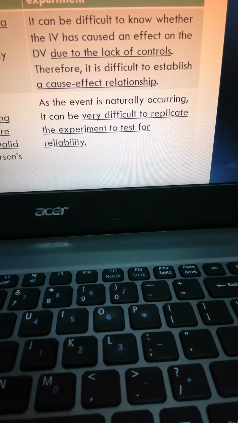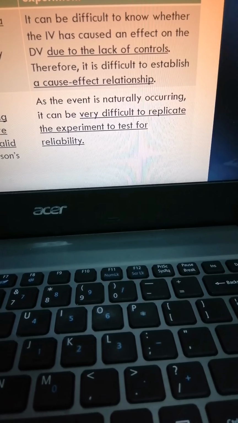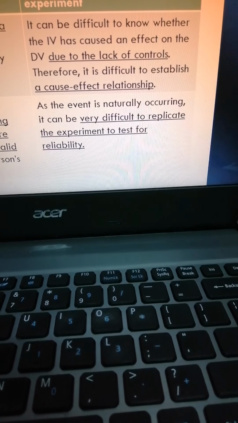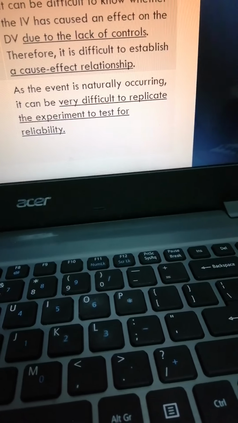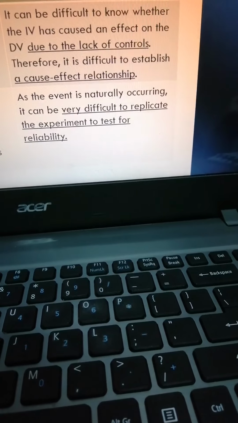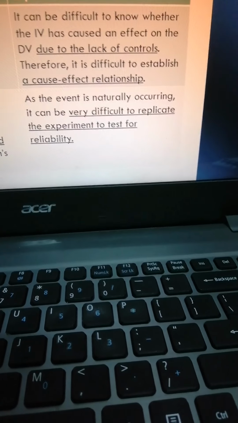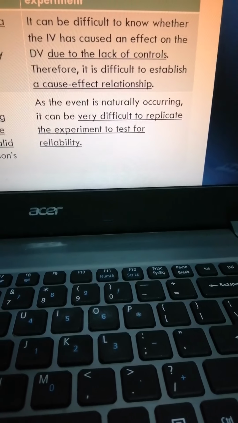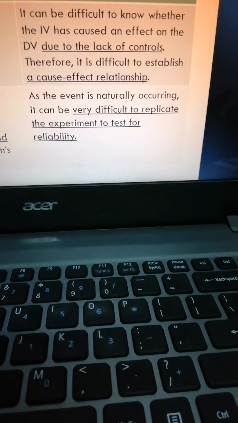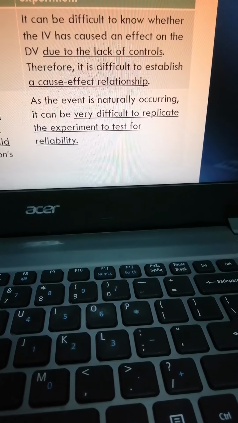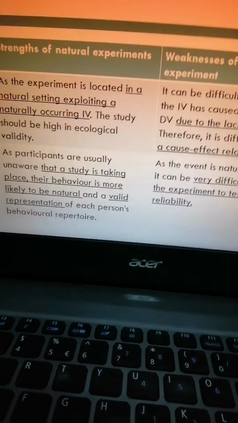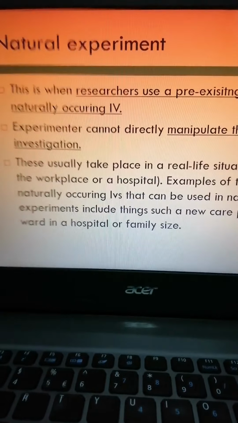And here it can be very hard to replicate because, for example, let's take a tsunami, or other natural disasters, for example, volcanic eruptions. It can be very hard to control because we don't know when exactly these natural disasters will occur. Okay, so that is what is known as a natural experiment.